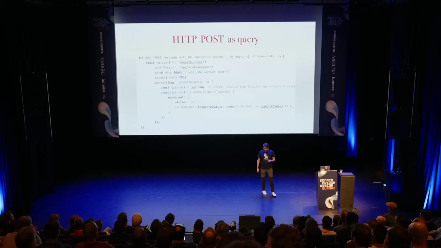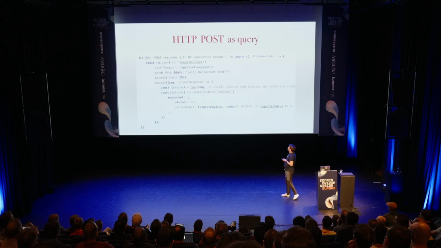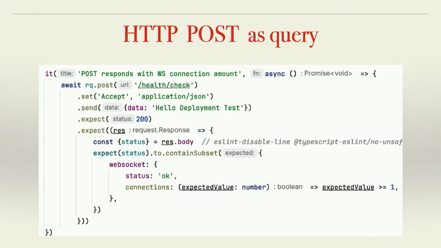Now we're actually going to see some code. Here, this is the easy query part of the post. We're sending the health check, and we're expecting 200 OK with a specific response that says WebSocket status is OK, and there's X amount of connections, and X is more than 1.